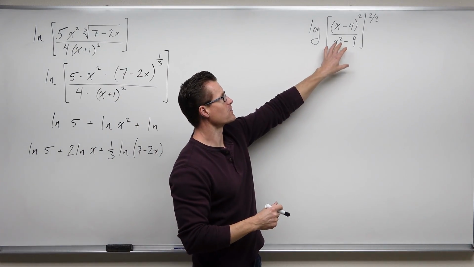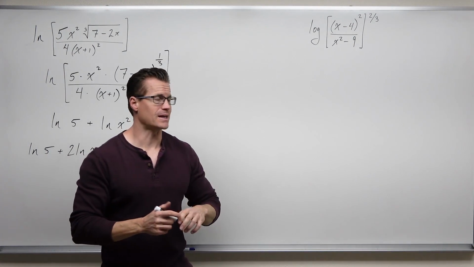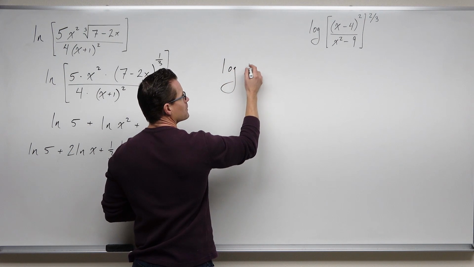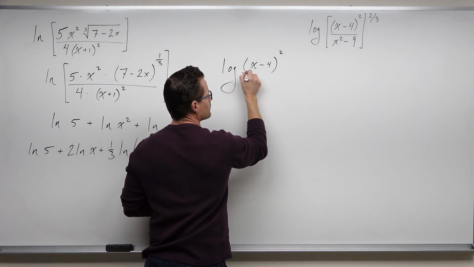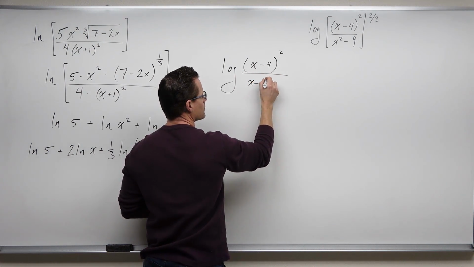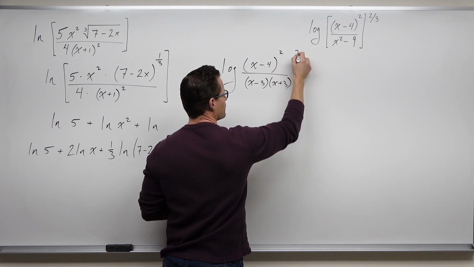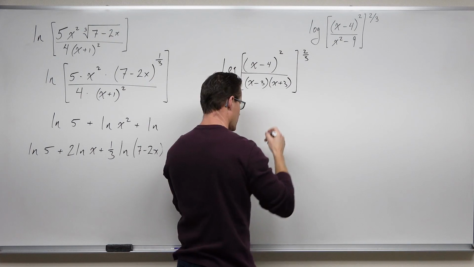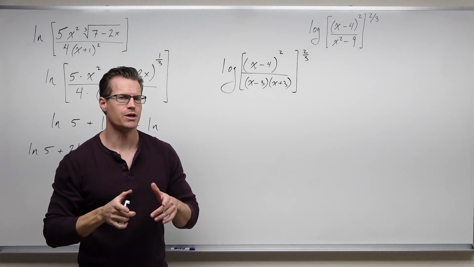So we're going to do that. We're going to factor x squared minus 9. We're going to check that x minus 4 is factored, and it is. We don't have any radicals explicitly written, but I do want you to notice something.